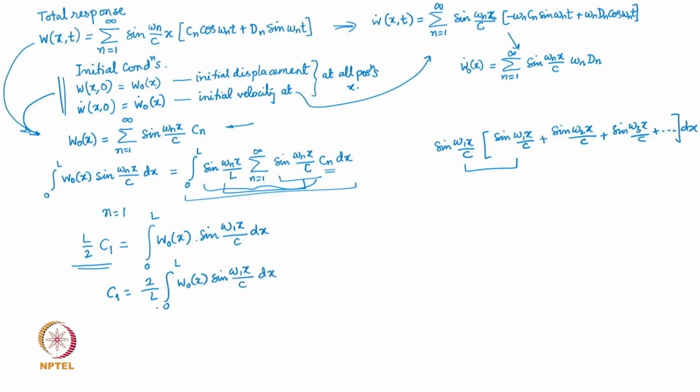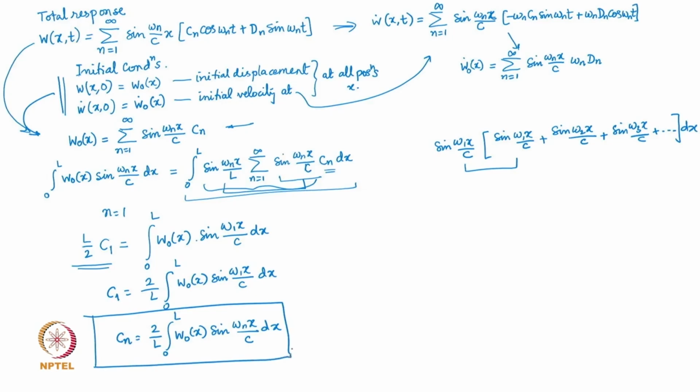This is how I get the first coefficient C1. In general, you can write Cn to be 2 over L integral 0 to L w naught x sine omega n x by c dx. So this is how I get the coefficient Cn.